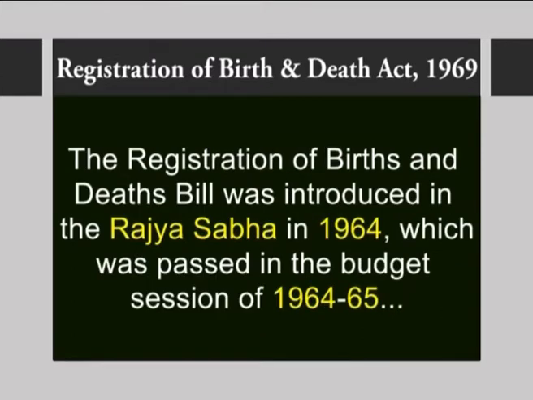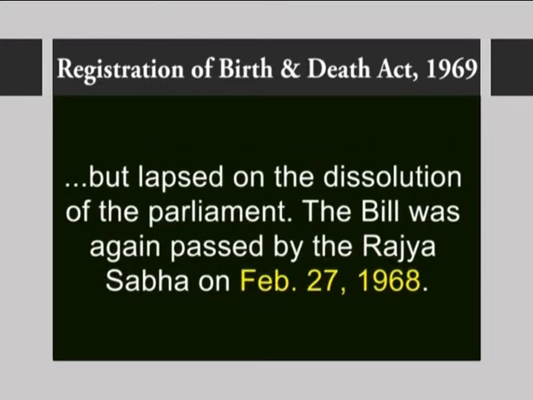The Registration of Birth and Death Bill was introduced in the Rajya Sabha in 1964, which was passed in the budget session of 1964-65 but lapsed on the dissolution of the parliament. The bill was again passed by the Rajya Sabha on February 27, 1968.